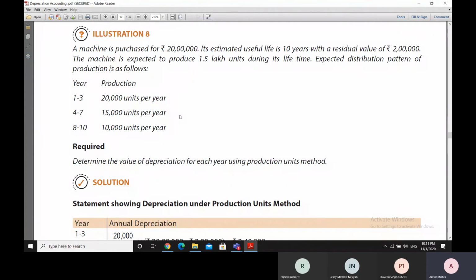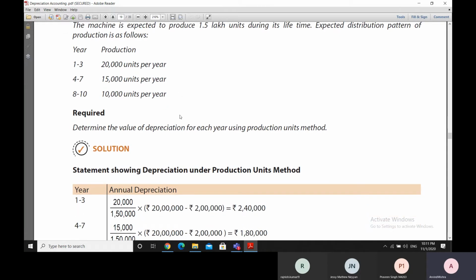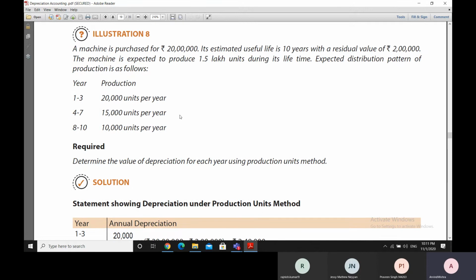And from the 8th to the 10th year, every year 10,000 units per year. As you can see, the machine is losing its capacity to produce as we proceed forward in time. Now we have to determine the value of depreciation for each year by using the production units method.